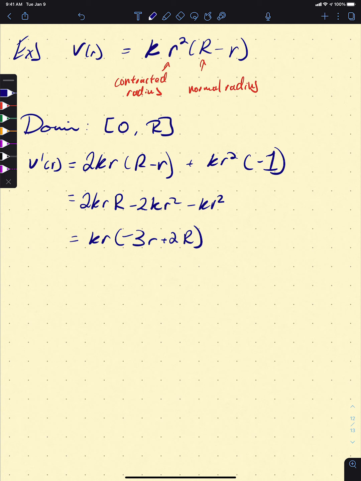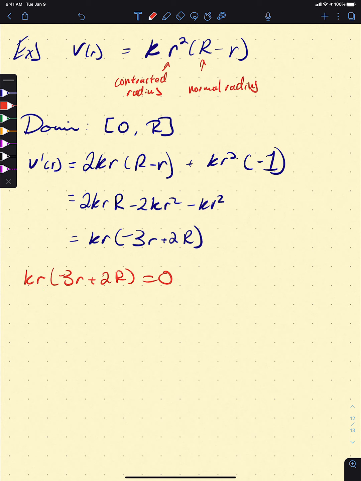And following what we did before, we're looking for where this equals 0. And so if we were to set kr times minus 3r plus 2 big R equals 0, well then either this equals 0 or this equals 0.